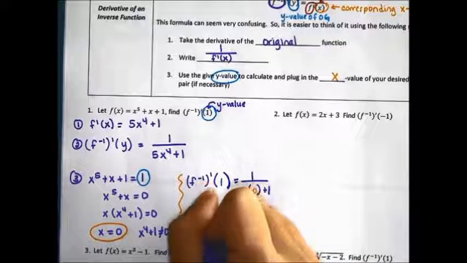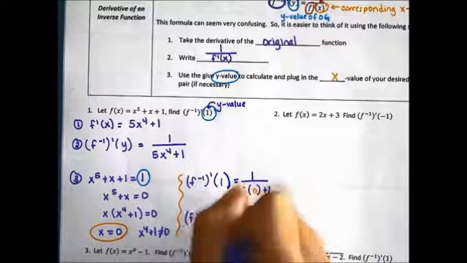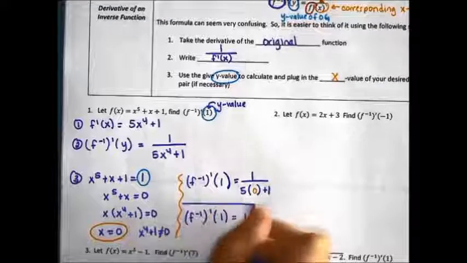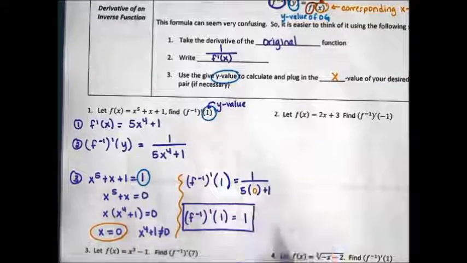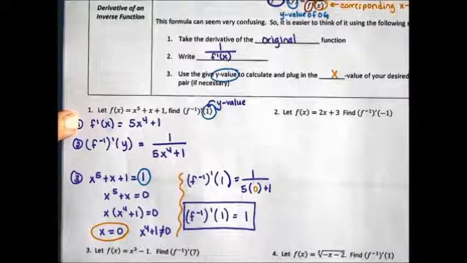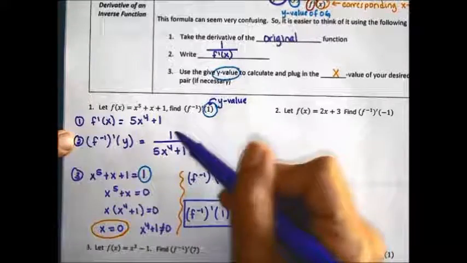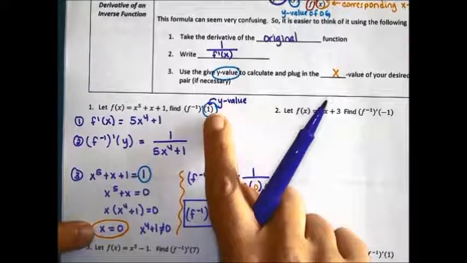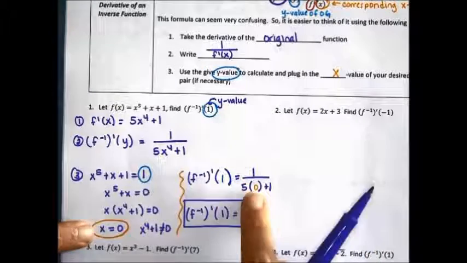Which means the inverse function's derivative at 1 will just be 1. Okay, 3 steps. Derivative of the original. 1 over the derivative of the original. 1 over that function. Calculate your x by saying if this is a y, let's calculate, plug in that x.